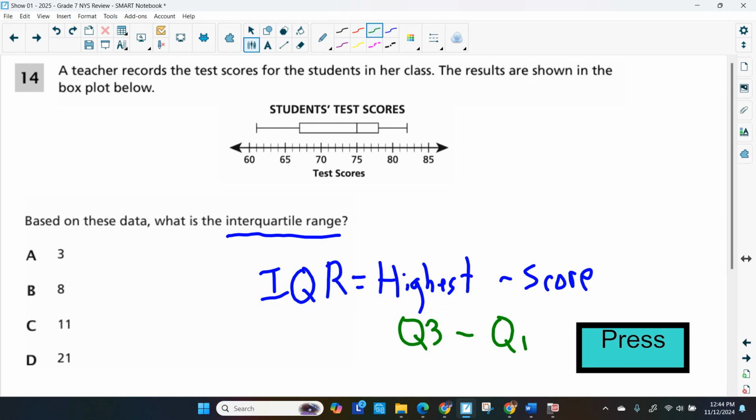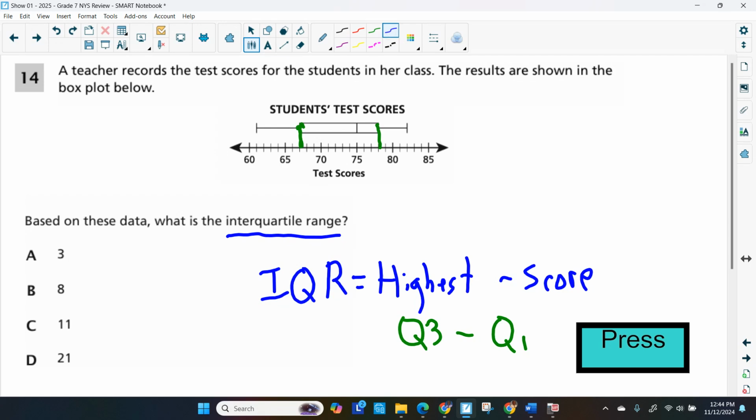So it's right on the end of the box. So right here and right here. So we're going to take the difference between quartile 3 and quartile 1. That's the IQR.